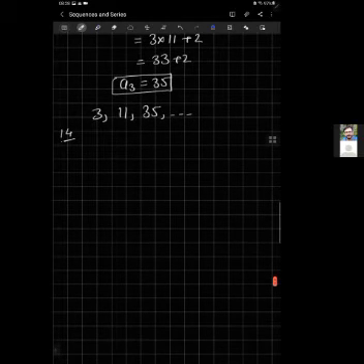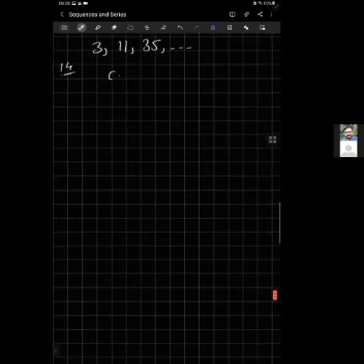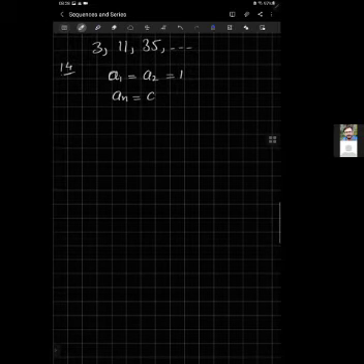Now 14th question I'm doing. It is the Fibonacci. Fibonacci sequence is defined by a1 equals a2 equals 1, an equals a(n minus 1) plus a(n minus 2), n must be put greater than 2.